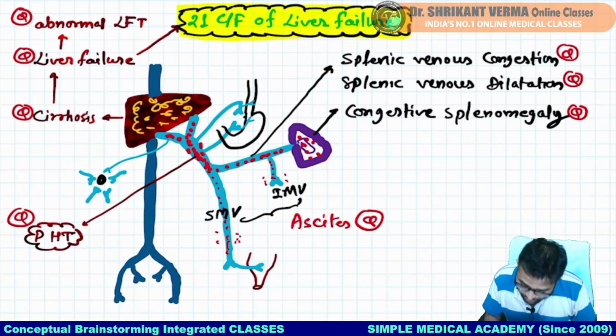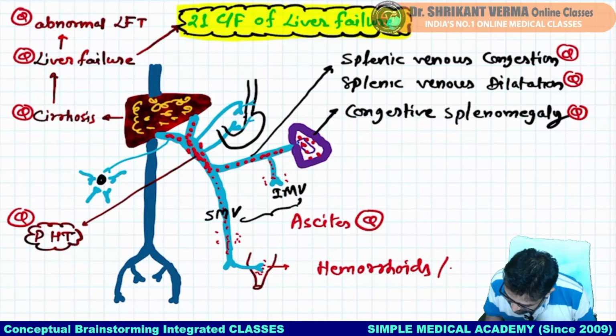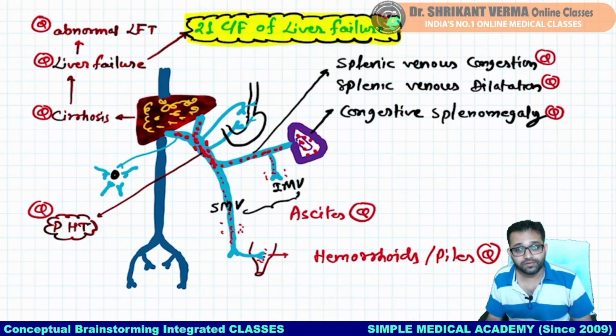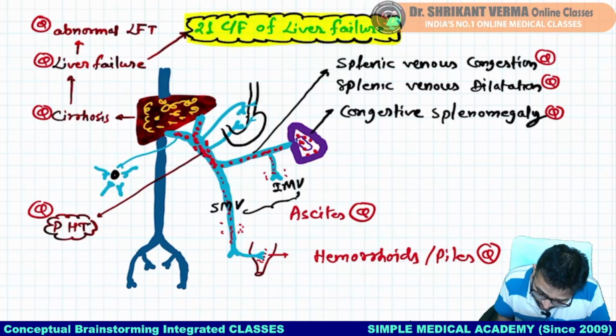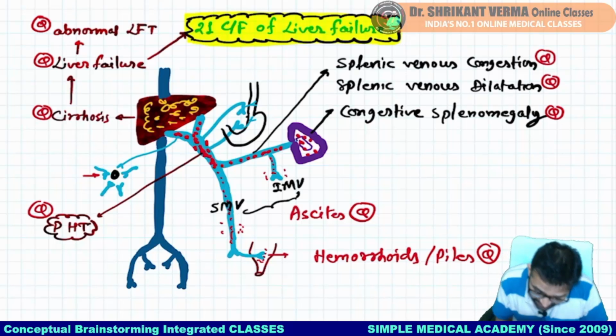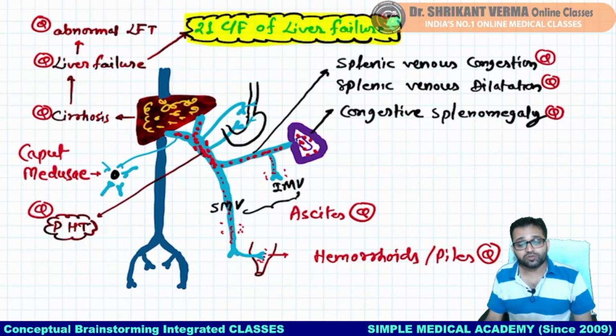Also, blood is coming into the rectum and anal canal, so that is resulting in hemorrhoids and piles. MCQ. Also, you are observing abnormal dilatation of the veins around the umbilicus, resulting in caput medusae. Got the point?